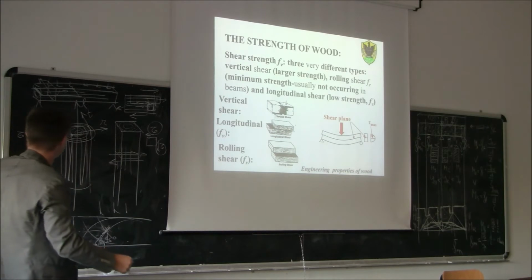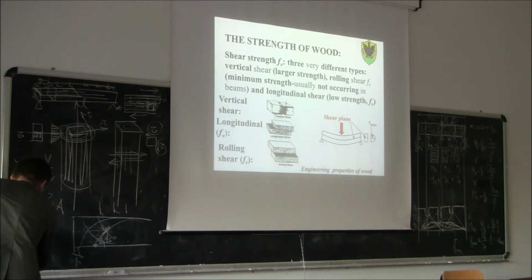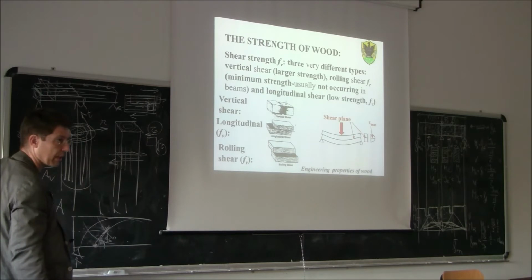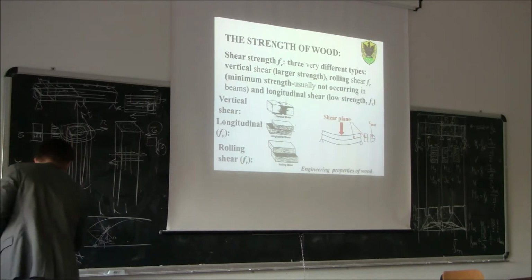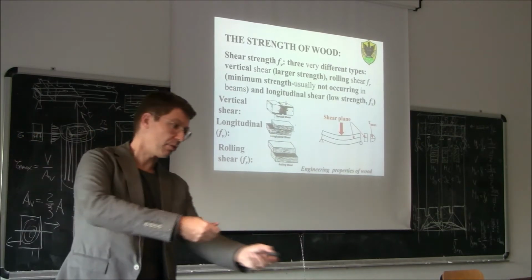So the plane is the same, but if this is the front of the beam, the shear plane is horizontal like before, parallel to the fiber, but the shearing this time is across the width of the beam.